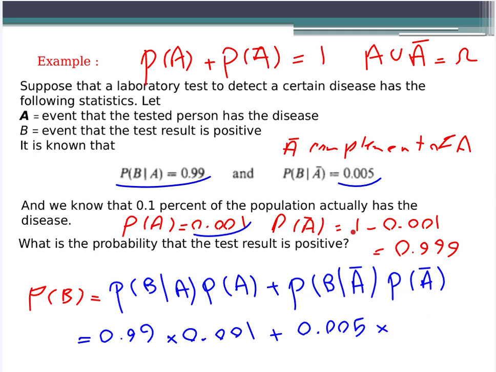What's the probability of A bar here? We have this probability. From this formula, we can compute the probability of event B. What's the meaning of event B? The probability that the test result is positive without any condition. Okay, any question?